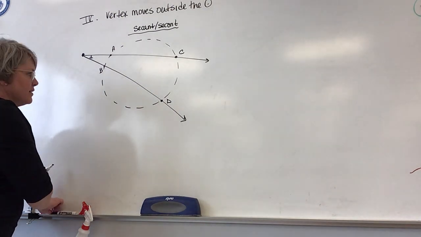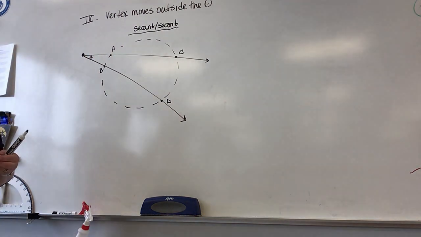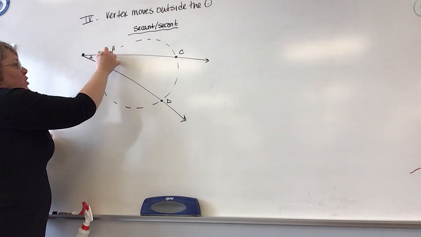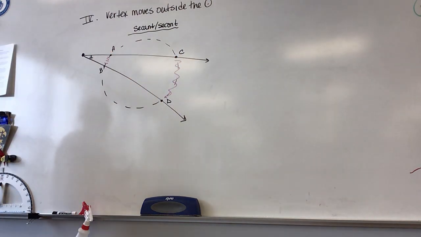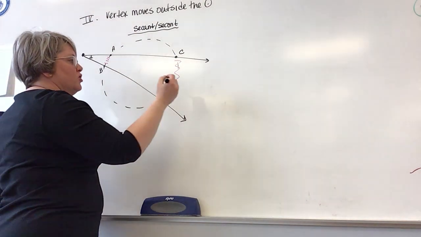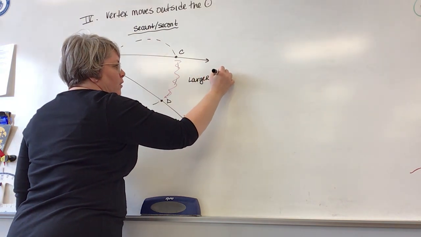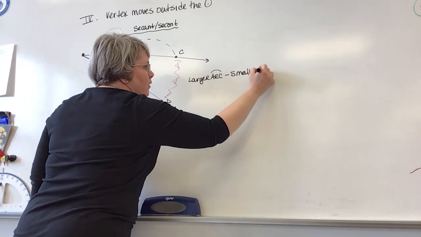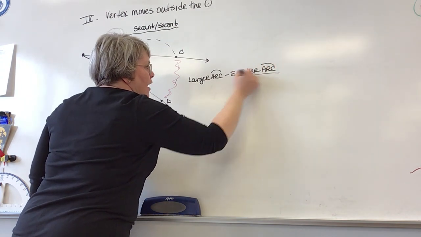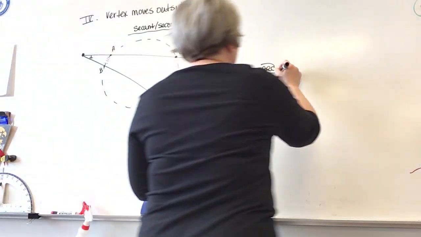And if you noticed that when you have the angle, it intercepts or it opens up into 2 arcs. You have a smaller one and a larger one. And so my formula, just general, take the larger arc minus the smaller arc and divide by 2 to find the measure of that angle 1.